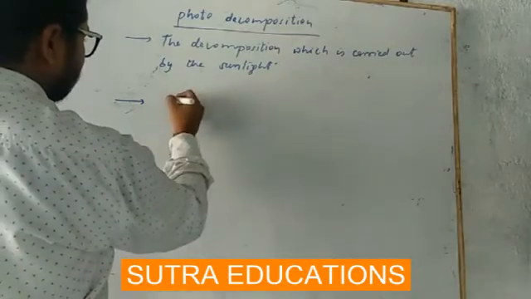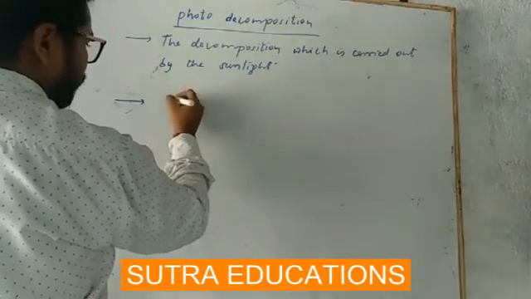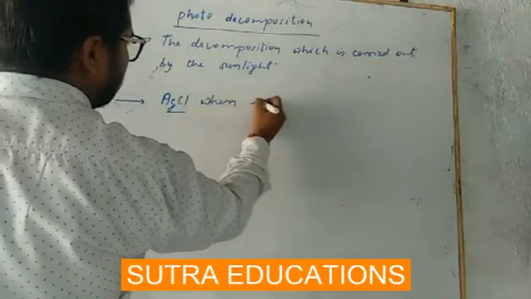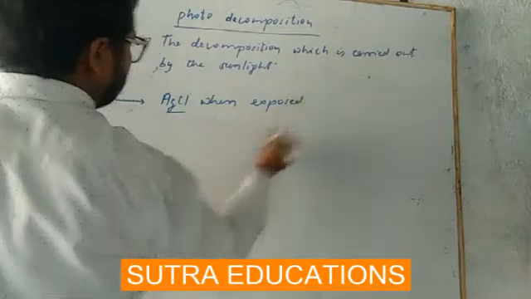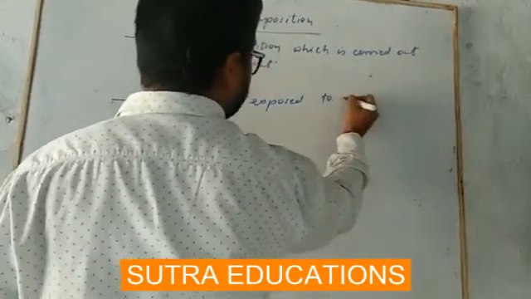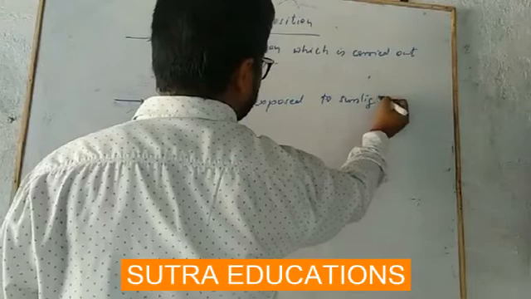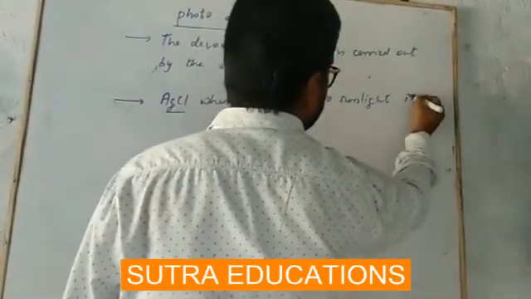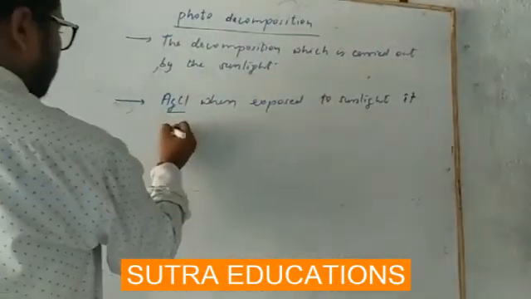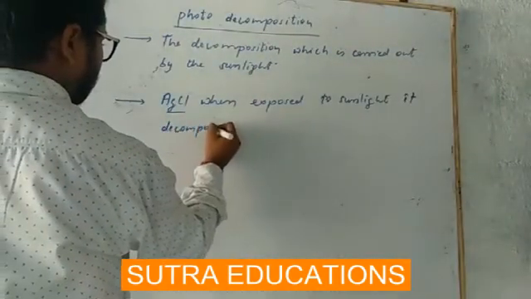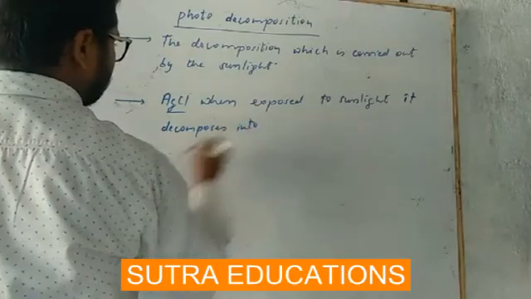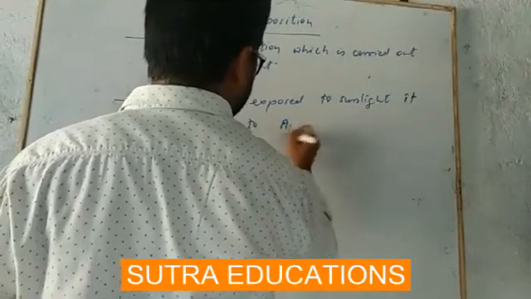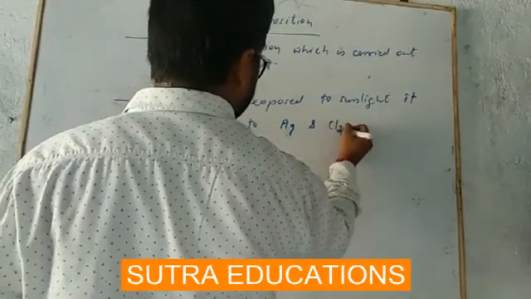It is AgCl, silver chloride. AgCl, when exposed to sunlight, decomposes into Ag and Cl2.